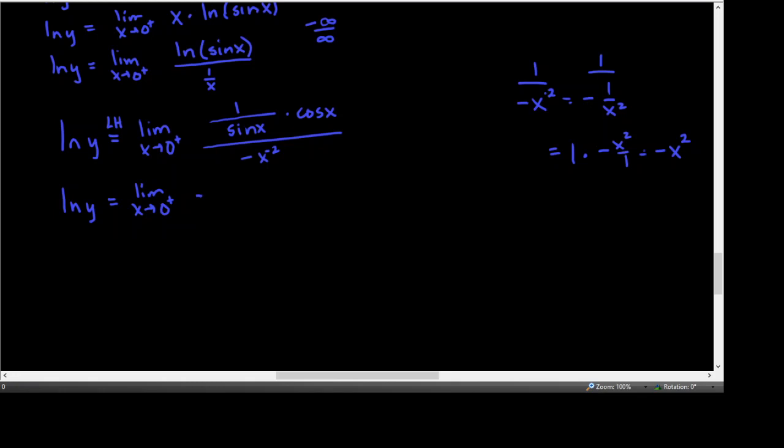So this is going to be negative x squared times cotangent of x. Cosine over sine, of course, is cotangent.